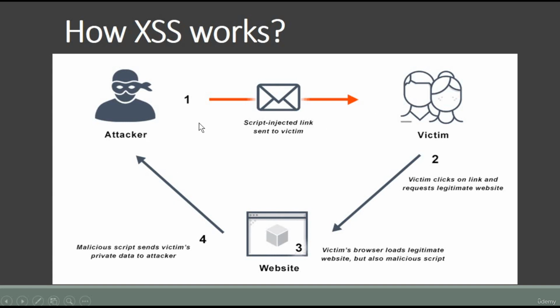There are only four steps. First you have to send a link, right? Second, the victim clicks on that legitimate website. The legitimate website loads in the browser, but the malicious script is also executed. Then whatever information the browser contains, the malicious script sends directly to you, right? This attacker is you, right?